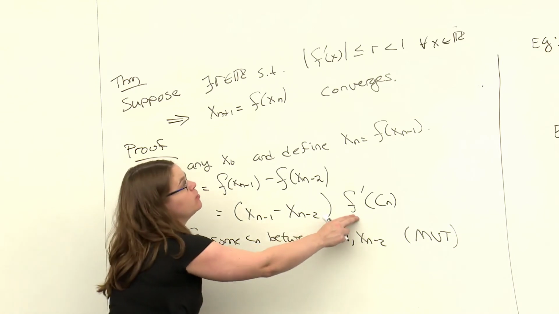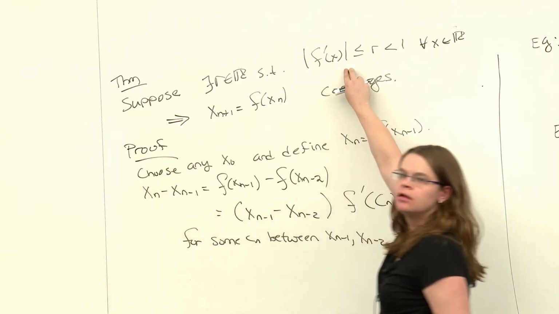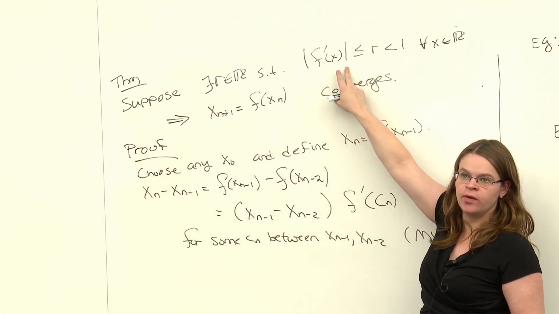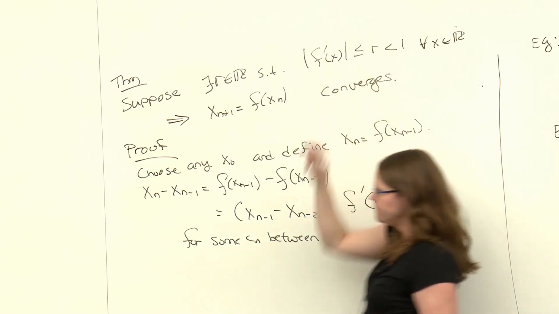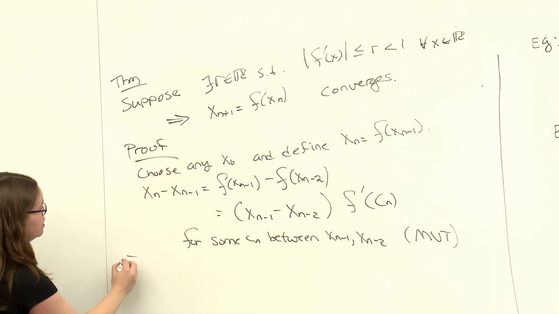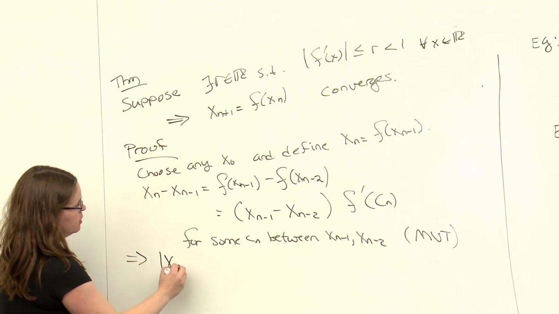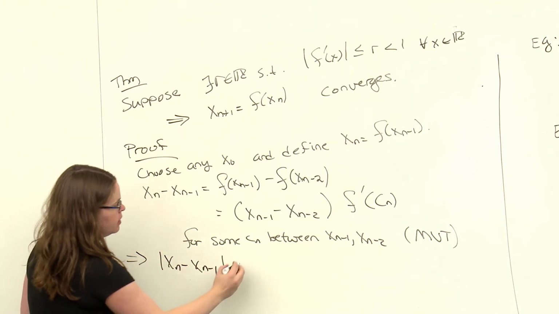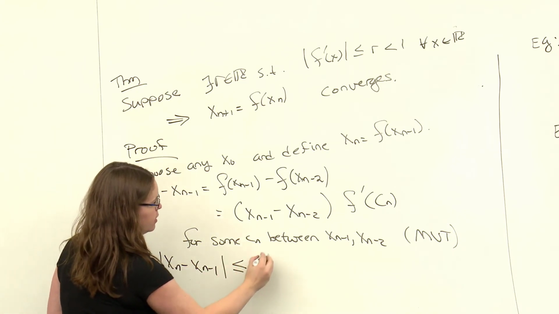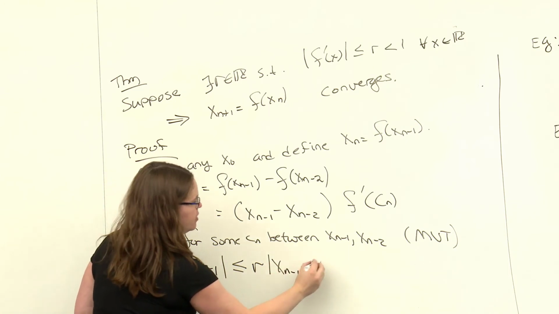And we know this value of f prime behaves itself. It stays less than 1, it stays less than r. So we can say xn minus xn minus 1 is always less than or equal to r times xn minus 1 minus xn minus 2.